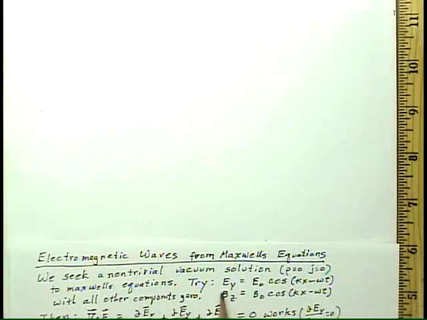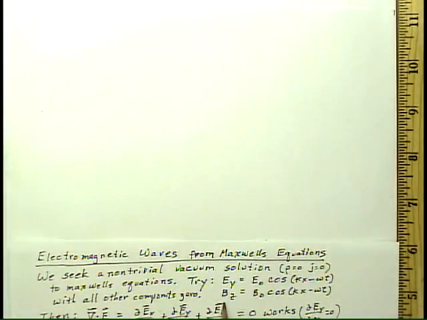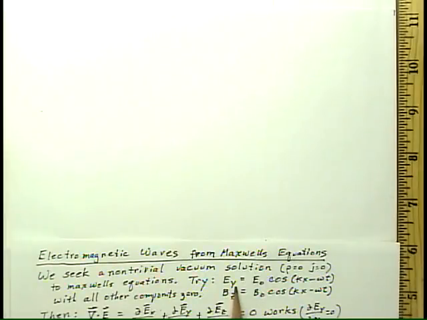And we're going to try solutions to Maxwell's equations of this form right here, where we have an electric field only in the y direction, and the x and the z components vanish. And it's an oscillating field with a wave number k, which is just a constant, times x, minus omega times t. This will be a wave traveling in the positive x direction.